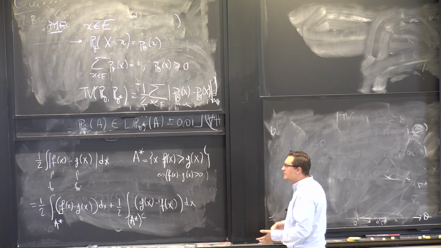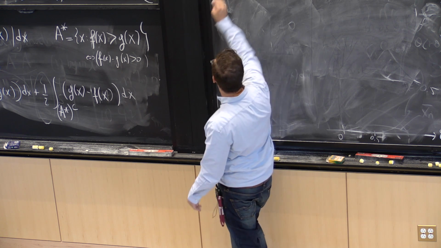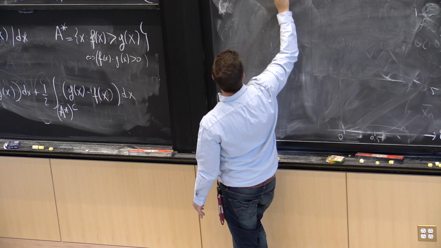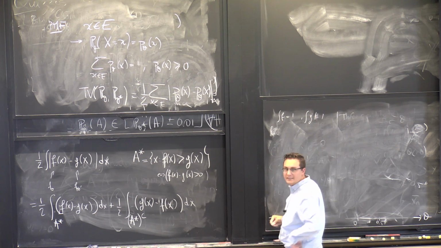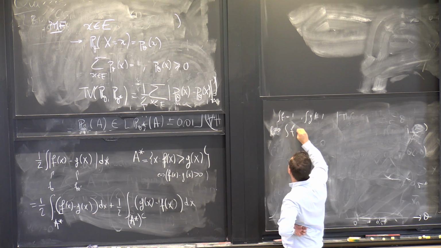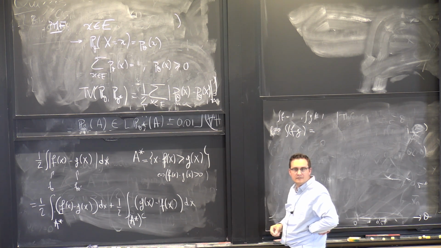Okay, so now there are nice things that I know about f and g: the integral of f is equal to 1 and the integral of g is equal to 1. This implies that the integral of f minus g is equal to what? 0.